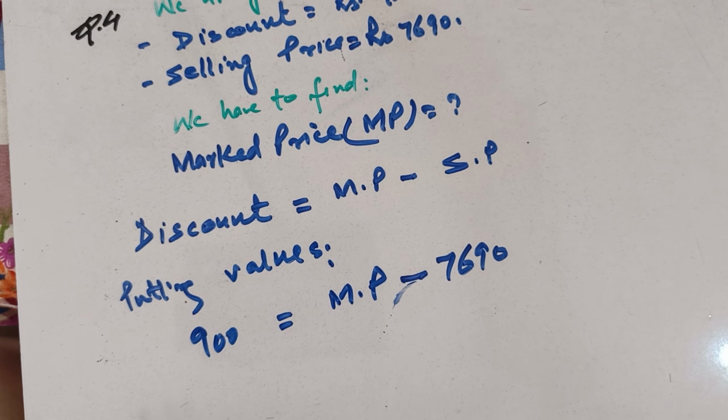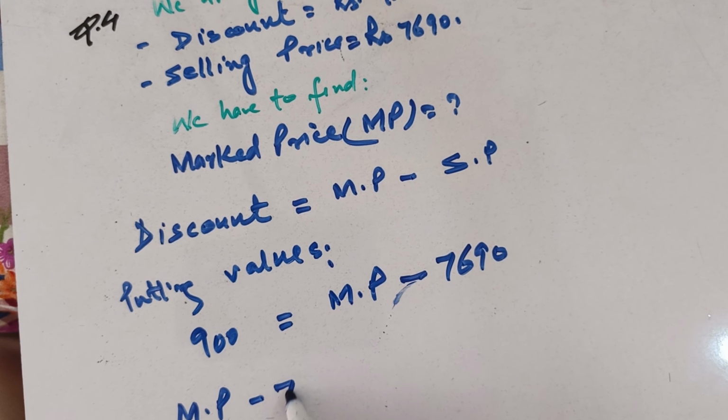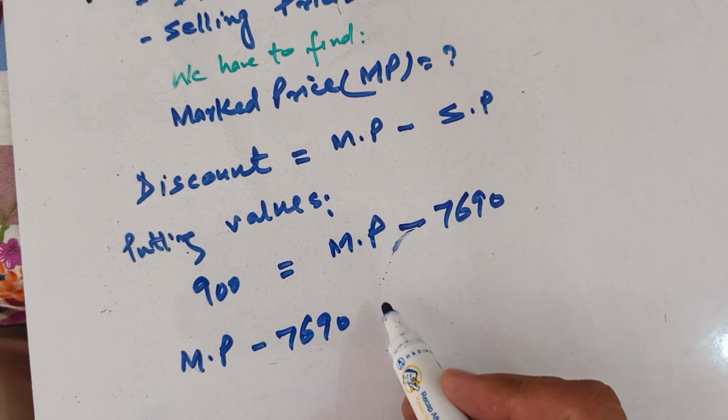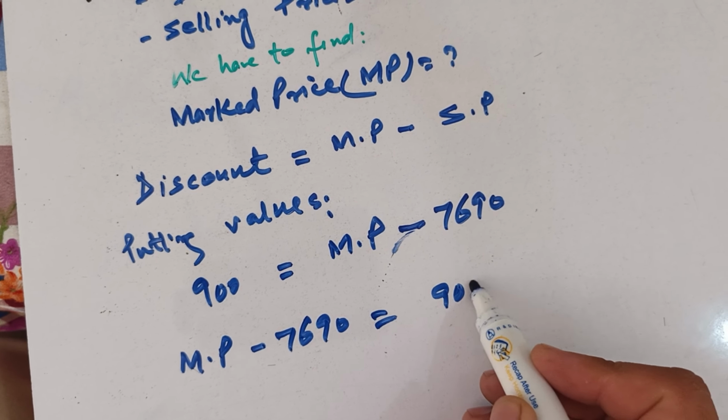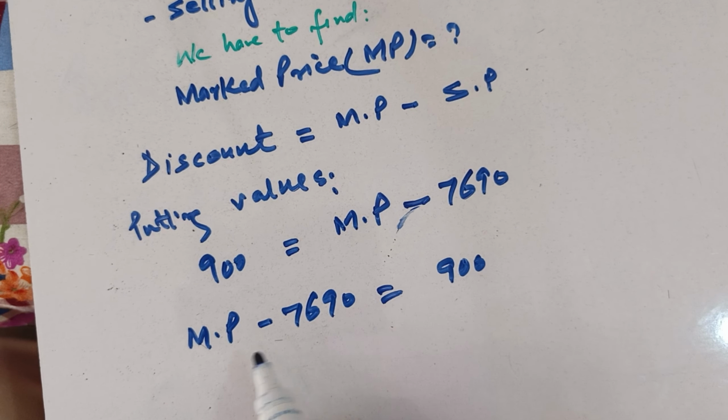We can turn over the sides of this equation. We will write mark price minus 7690 is equal to 900.